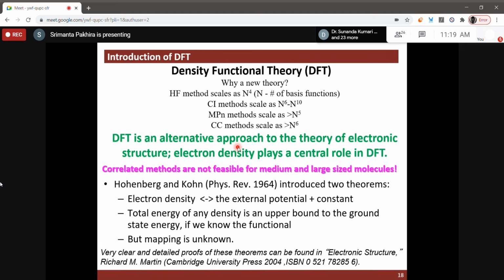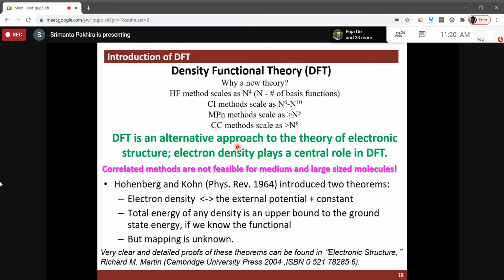In summary, Hohenberg and Kohn in 1964 published a paper in Physical Review which introduced two theorems. First, the electron density determines the external potential up to a constant term, and the total energy of any trial density is an upper bound to the ground state energy.